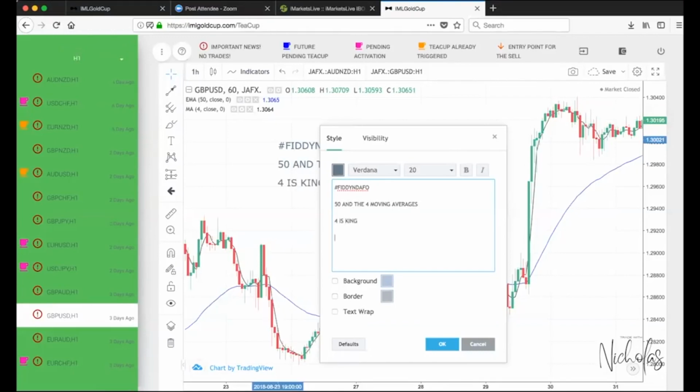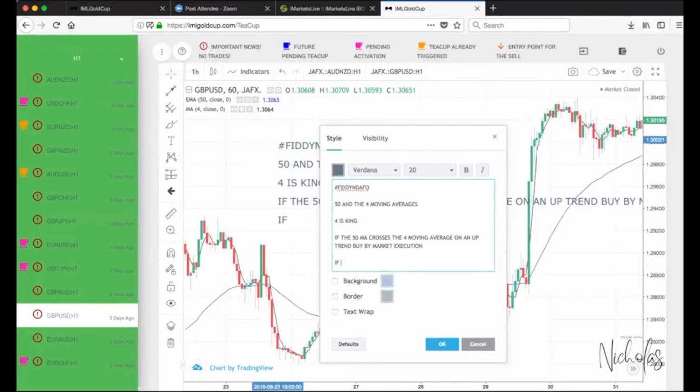Okay, if the 50 moving average crosses the 4 moving average on an uptrend, buy by market execution. Okay, you guys got that?